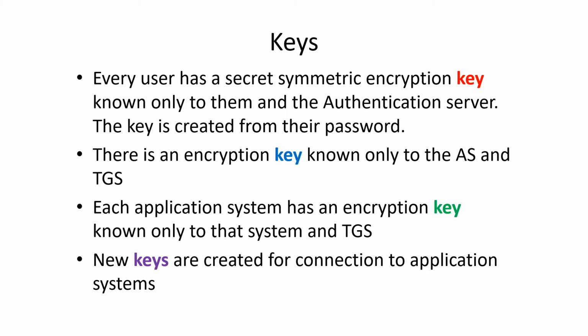And then there's another encryption key known only to the authentication server and the ticket granting server. This allows those two servers to send messages that are encrypted and only they can decrypt them. Now, each application server has an encryption key that it knows and the ticket granting server knows. And several new keys are created along the way to create access.